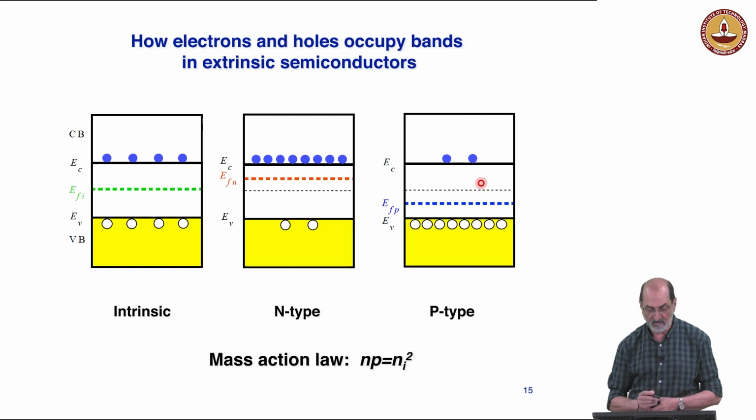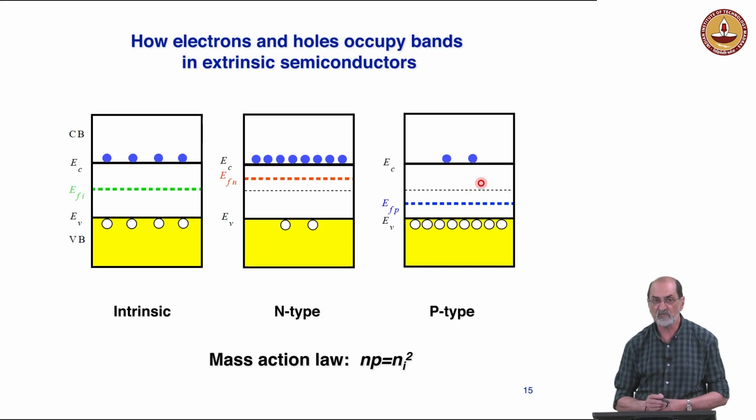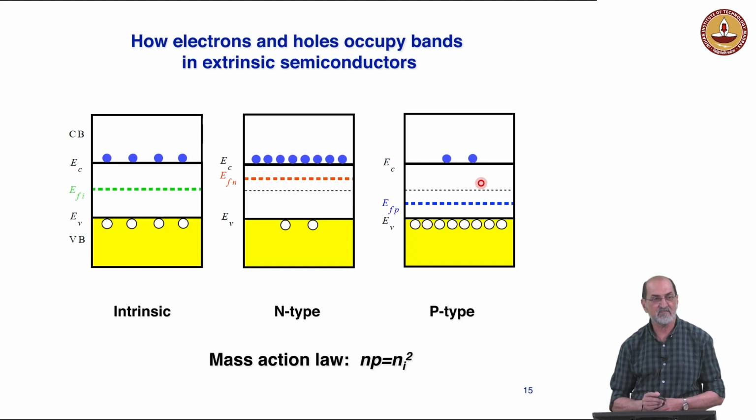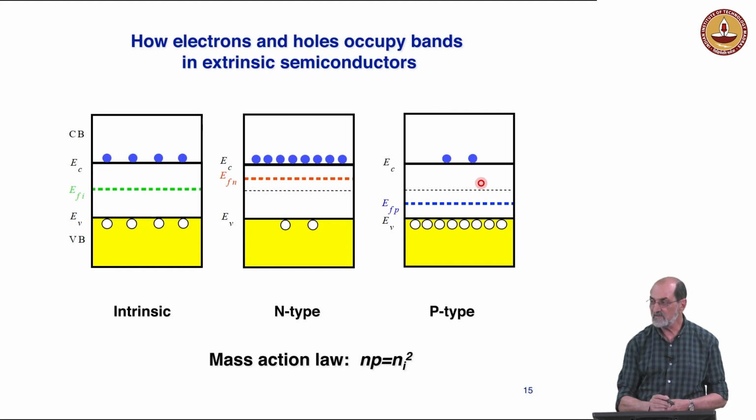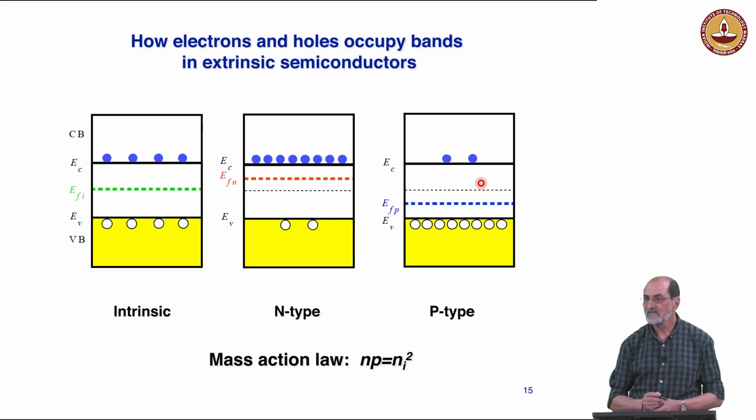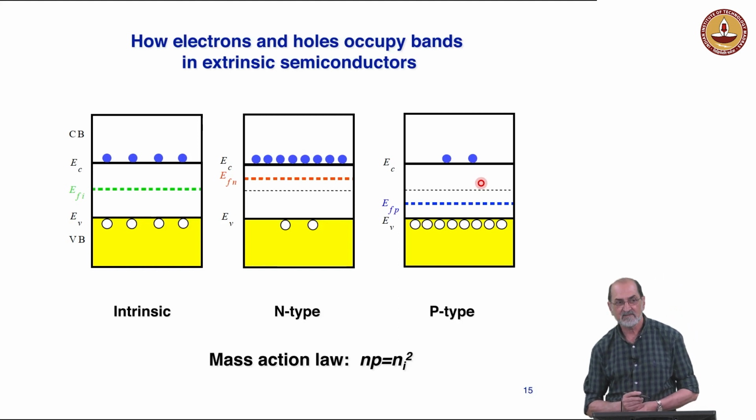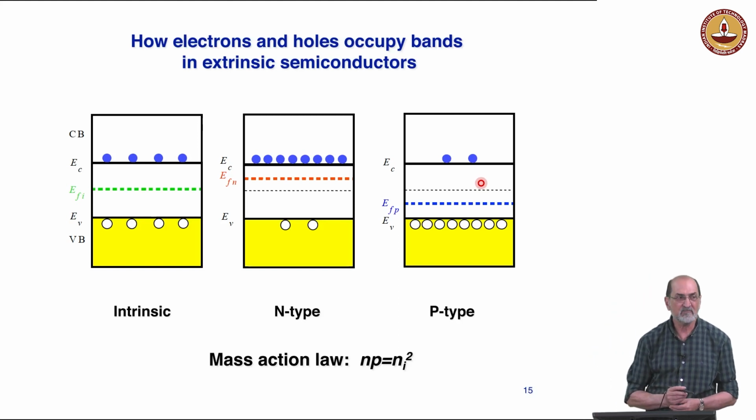You see the problem? What happens if I impurify the semiconductor with boron and phosphorus simultaneously? Am I going to have more electrons and more holes? No. There is no way of doing it, because the Fermi level is going to change depending on whether you put more donors than acceptors or the other way around.